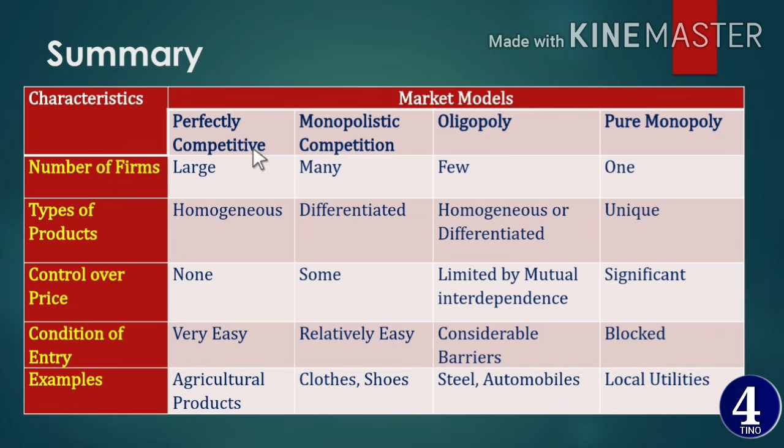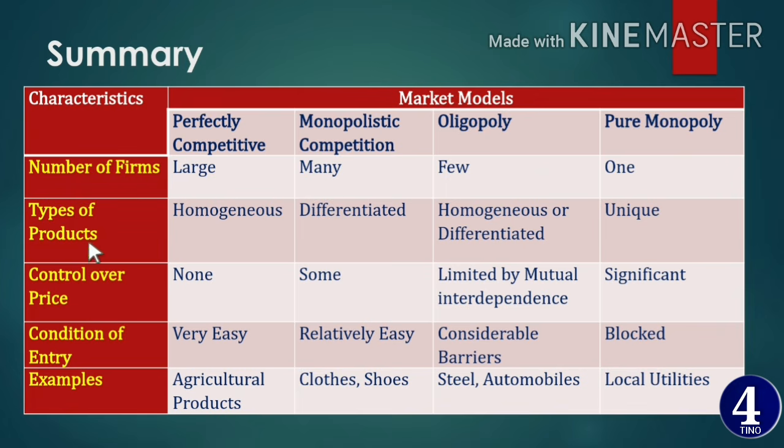In perfect competition, as we have discussed, we have a large number, many firms. In monopolistic competition, we have a lower number but still relatively many compared to oligopoly and monopoly. In oligopoly, we have a few sellers. In pure monopoly, we have only one seller.